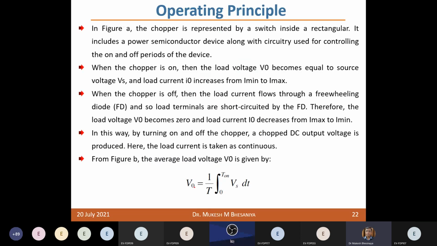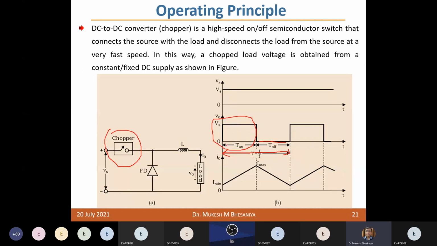So the output voltage V0 will be Vs for the period 0 to t on. When the switch is on, at that time only the input voltage is applied to the load, and when the switch is off, the load is connected through a diode. So whatever energy you have, your inductor current will continue through this diode.